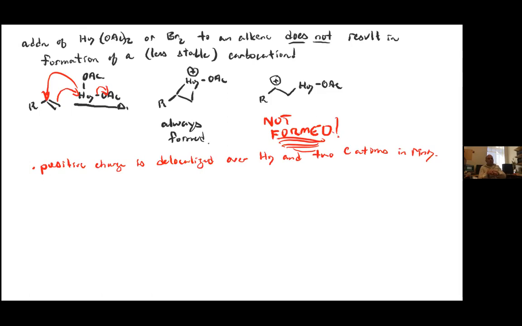We're not proposing that a certified carbocation is formed. We're saying that there are these resonance structures that show us that overall, I have some positive character on carbon. So let me draw that in the middle here. Let's see why.